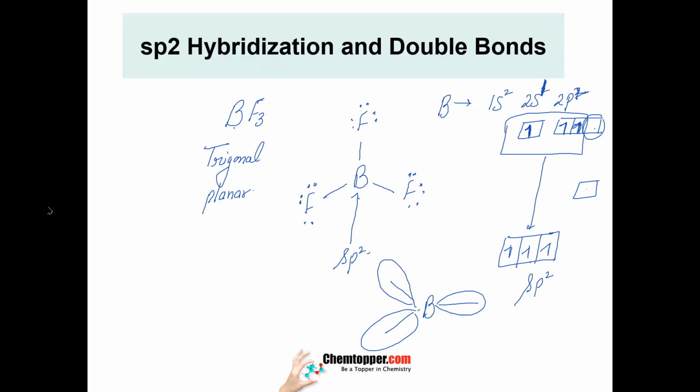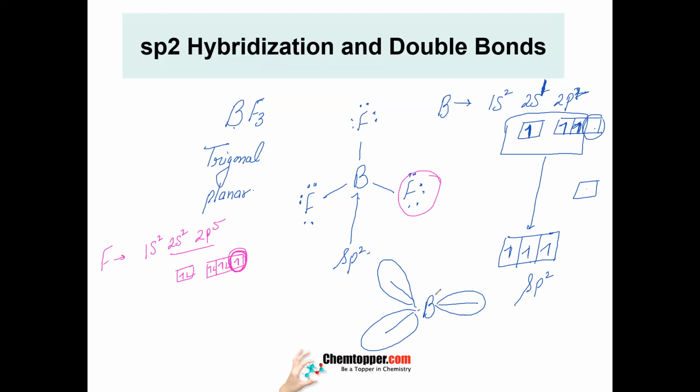Then they will overlap with the p orbital of the fluorine. You know, fluorine's electron configuration is 1s2, 2s2, 2p5. Look at the outermost shell. It has only one unpaired electron. This one.